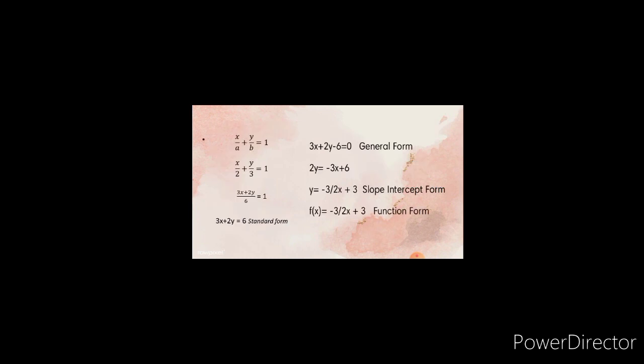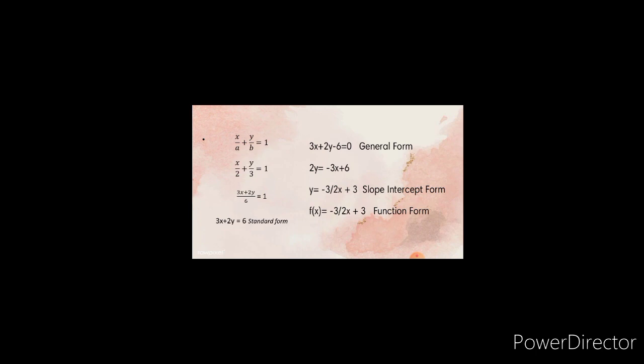The next way is to just substitute the a and b, or the x and y intercepts. So x over a plus y over b equals 1. Substitute the x-intercept into a, so we will have x over 2 plus, substituting the y-intercept to b, y over 3 equals 1.